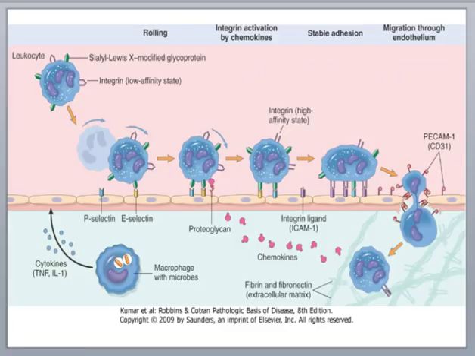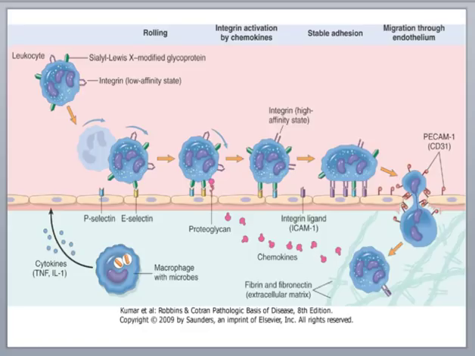This is just another graphical illustration of what I just outlined in the previous slide. The details of the different chemical receptors and so forth, that's covered more in pathophysiology, but I couldn't eliminate it from the slide very easily.